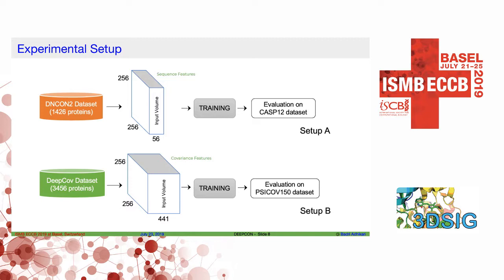If an architecture works well for one of these input features, it should work well for the other, right? So to find an architecture that robustly works well, it has to be tested on both of these input features. We created two setups: we used the DNCon2 data set with around 1,400 proteins and generated sequence features, and we used the DeepCov data set with covariance features as input to evaluate various architectures.